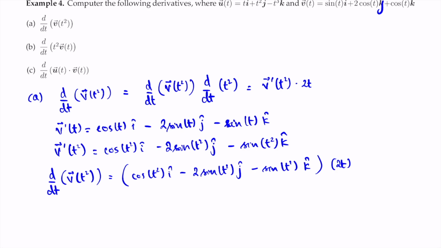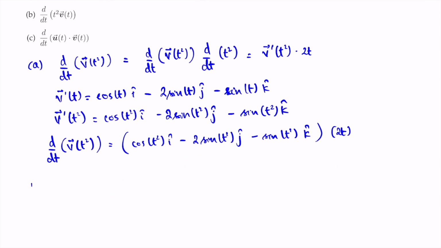So obviously, there's another way to do this calculation: you basically evaluate v of t squared first, then take the derivative of it, and apply the chain rule for each component. However, what I did is apply the properties of derivative of vector value function directly, so that's all the steps that we took.